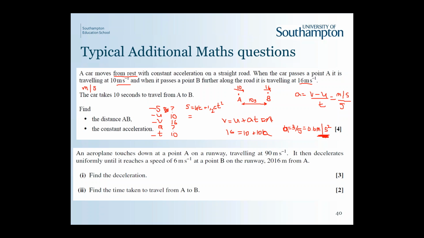So again, it's just about substituting in our values. We've got ut, so u is 10, t is 10, so we've got 100, plus half at squared, t is 10 again, so half of 100 is 50, times 0.6 is 30.